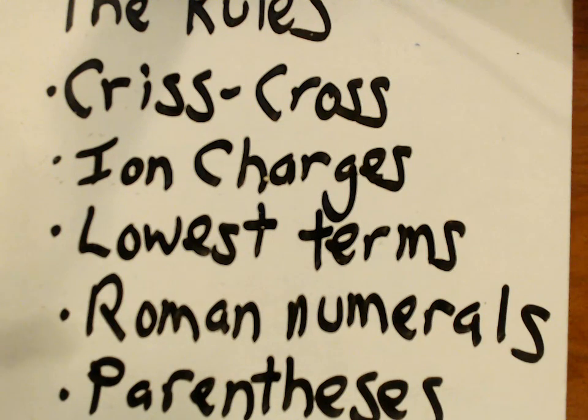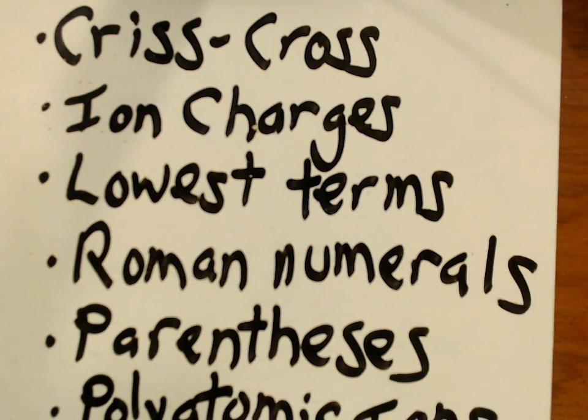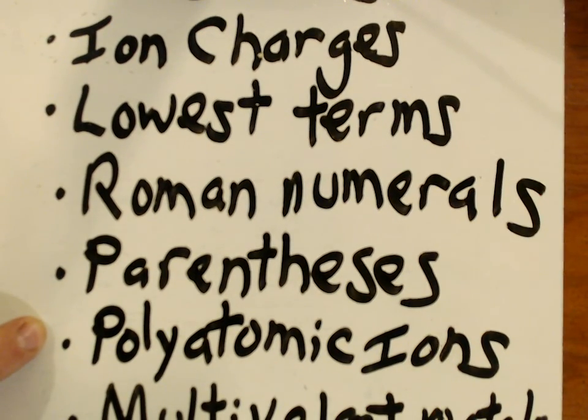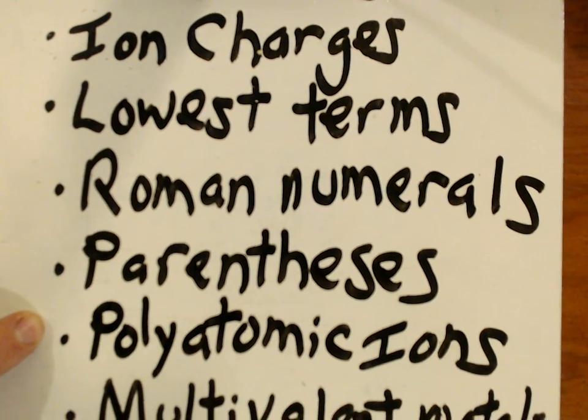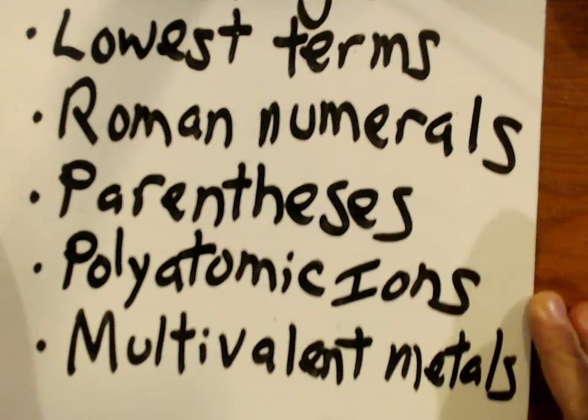We often had to remember to put subscripts in lowest terms after crisscrossing them. Then Roman numerals got involved. When do you do those? When do you not use those? Sometimes parentheses were important, particularly when polyatomic ions got in the picture. And then, like I said a moment ago, multivalent metals were part of the whole scene.